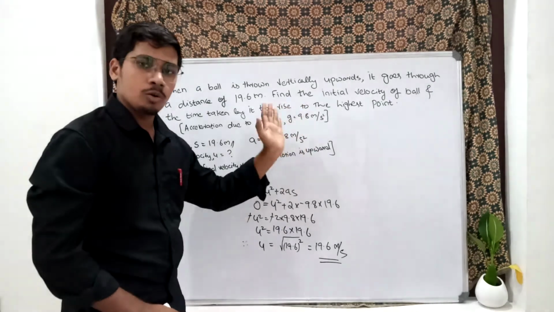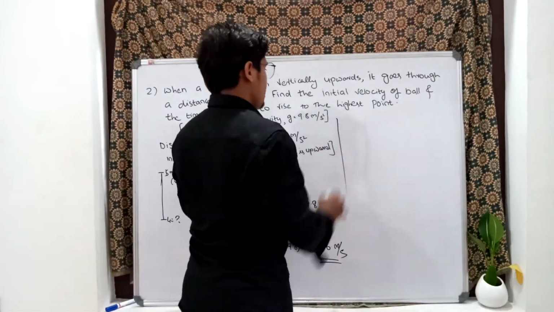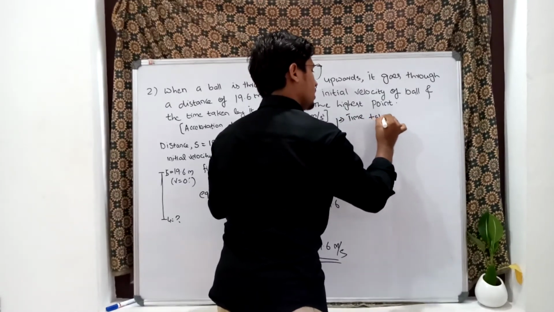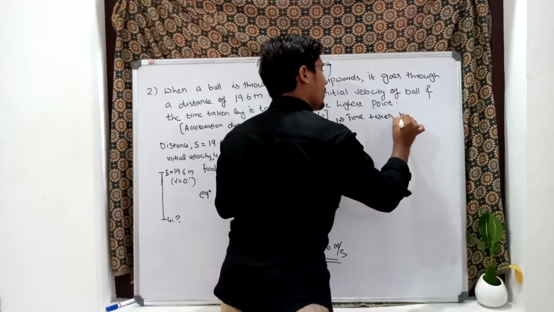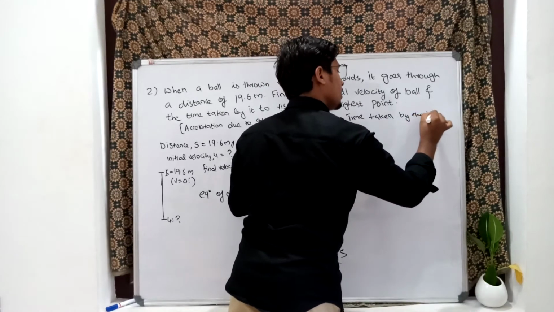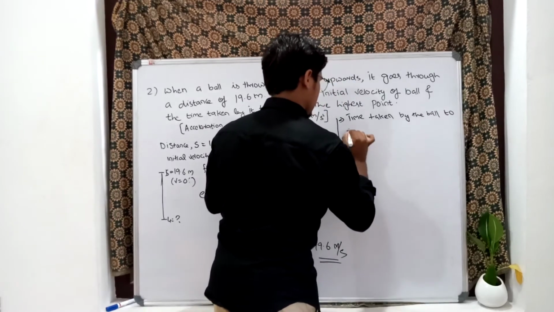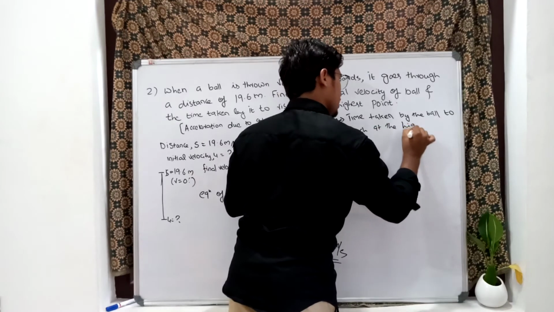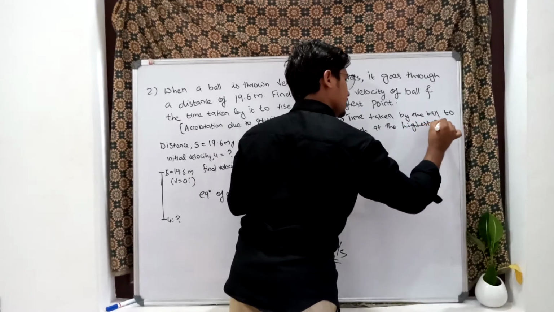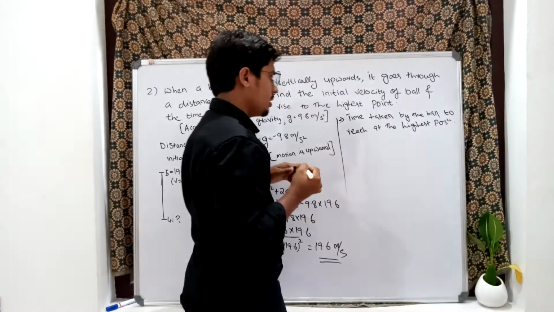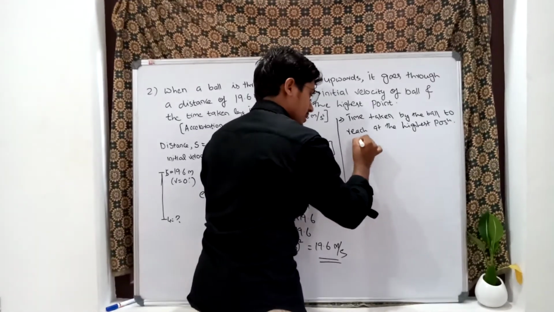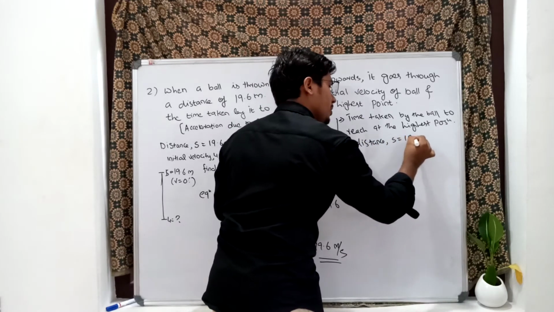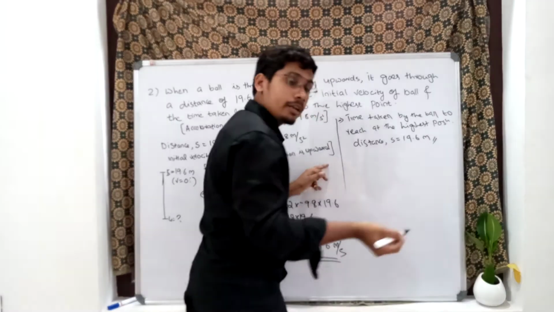Therefore we have to find the time taken by the ball to reach the highest position. Here we know the distance S equal to 19.6 meter. It has already been given.